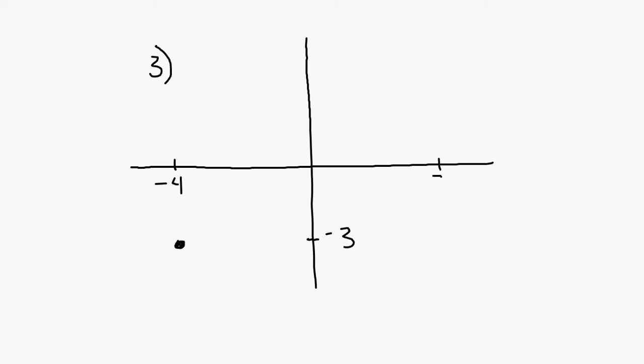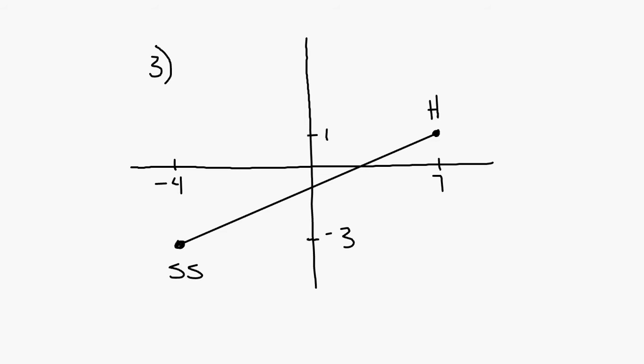So 7 and 1. So this is the subway stop, and this is your house. The question is, what is the distance to the nearest unit between your house and the subway stop? So you're looking for the distance of this segment.